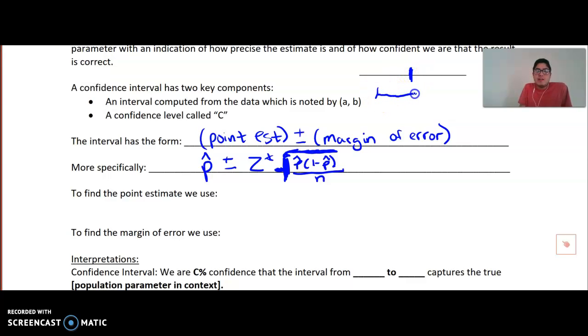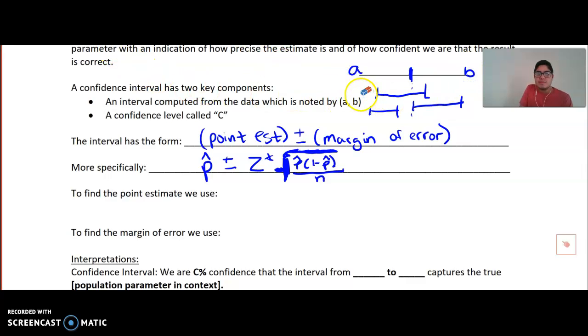And let's say I form an interval and it captures the parameter here and a bunch of places, and maybe sometimes the interval might miss the parameter. So essentially, with a confidence interval, we're trying to guesstimate the true population parameter. Well, since this line here for these intervals would be between A to B, let's put A over here, let's put B over here.